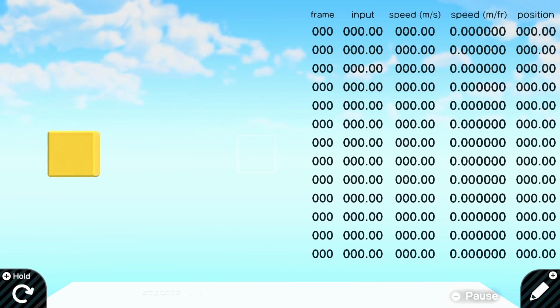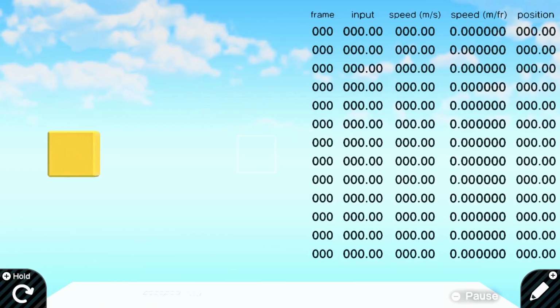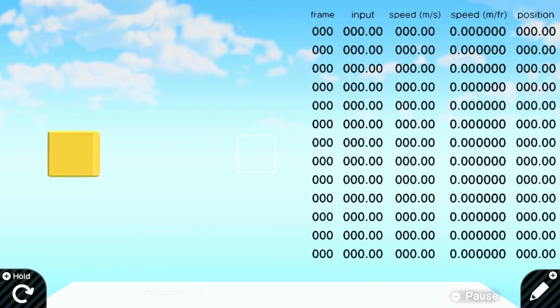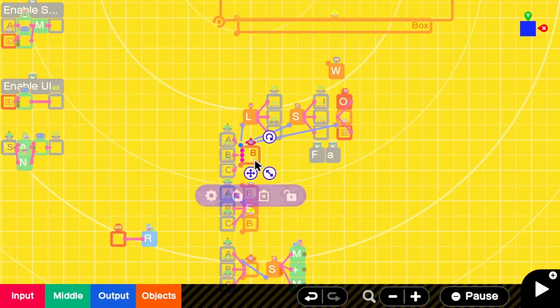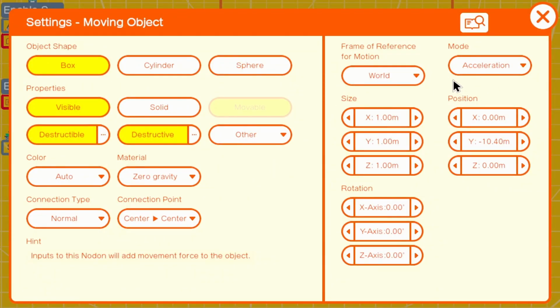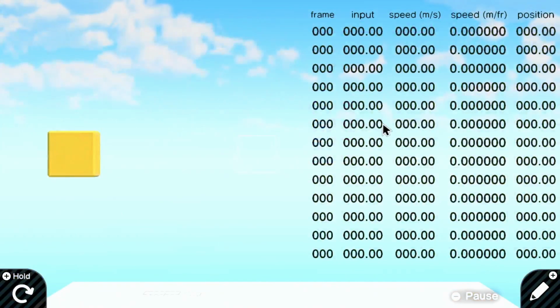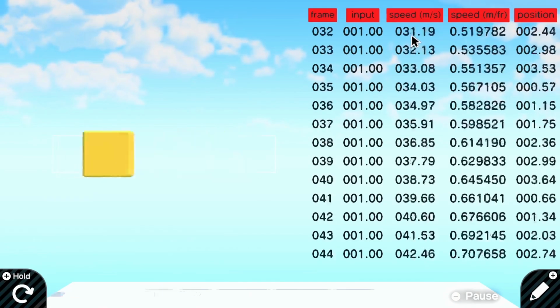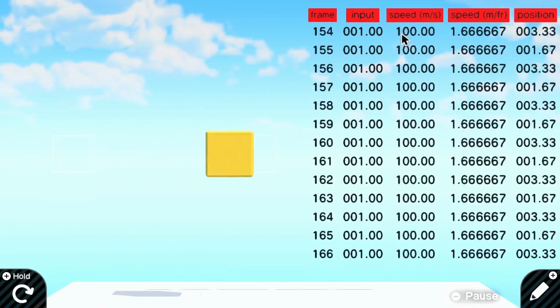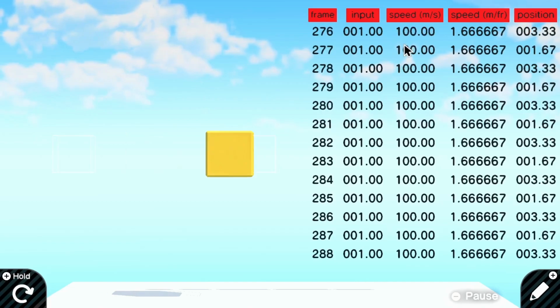Now, one last thing we need to discuss about moving objects is the speed limit. So here we have an acceleration type object, and if we hold the speed input, it will keep on increasing until it reaches 100.